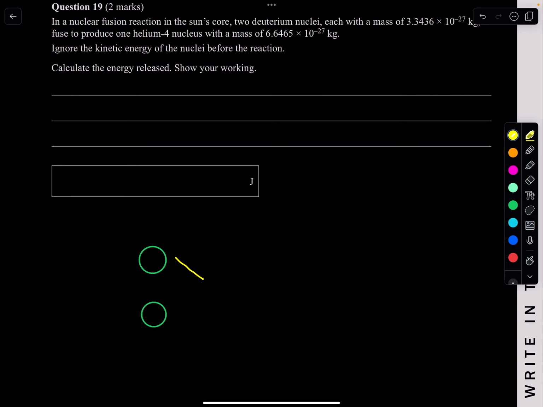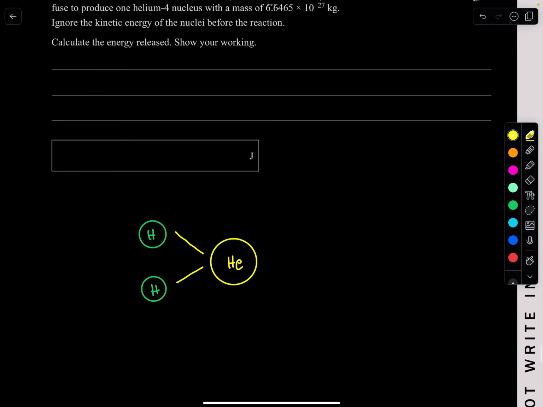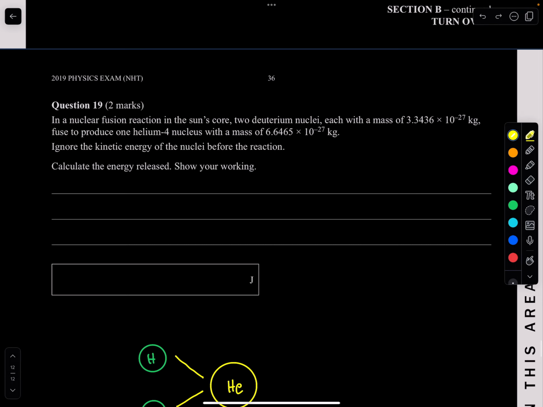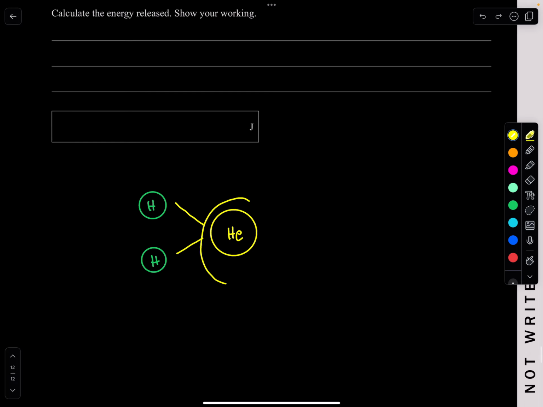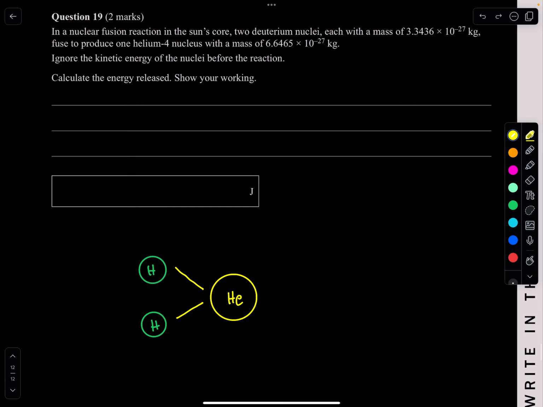They come together and fuse into a helium atom. So that's a hydrogen, and now it becomes a helium atom. The total mass of these hydrogens is double this, and the mass of your helium is this over here.